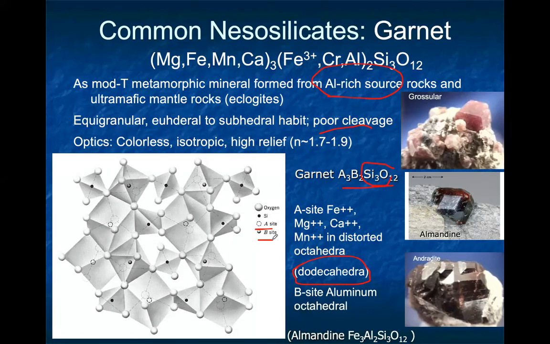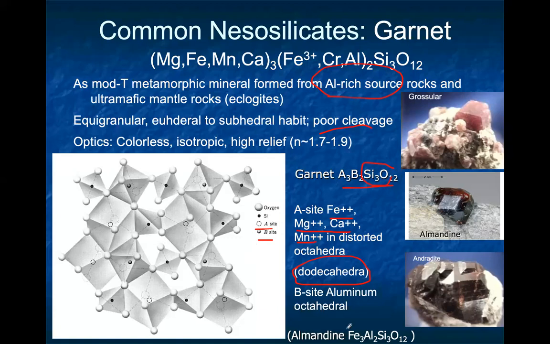So we will learn about the complex structures later on. This is the introductory stage. I don't want to bother you with this crystal chemistry, but just keep in mind that there are two main crystal sites there, the A site and the B site. There you can see some cations, iron, magnesium, calcium, and manganese mainly, can replace there.